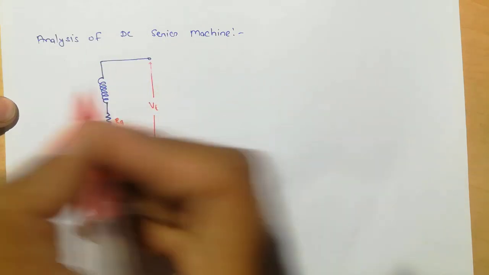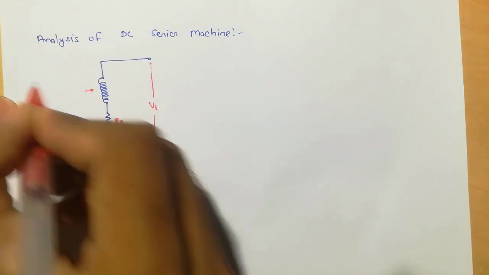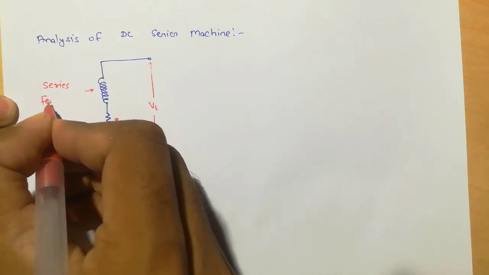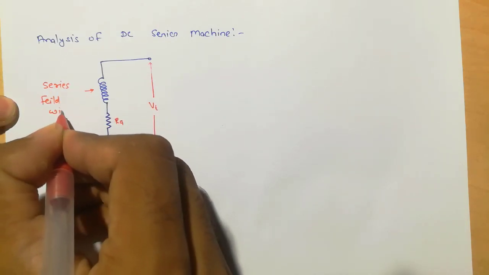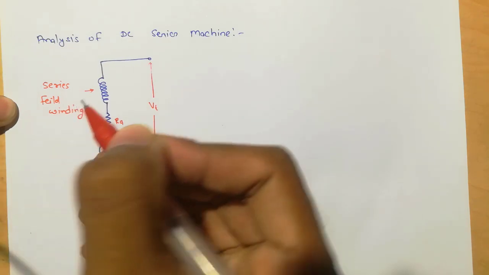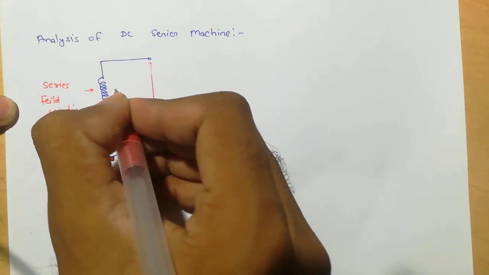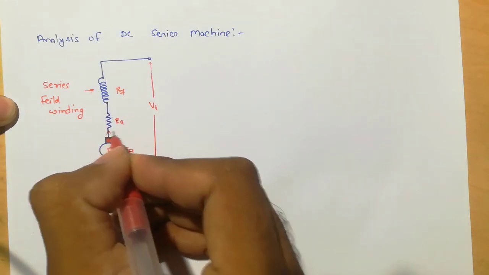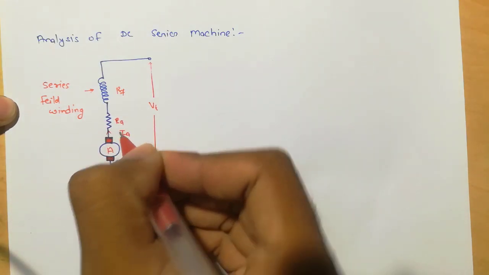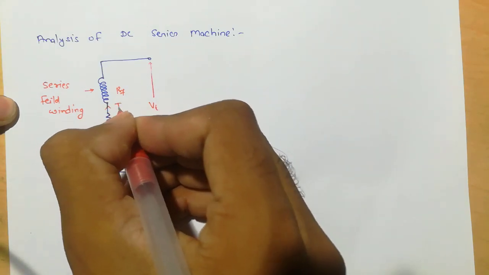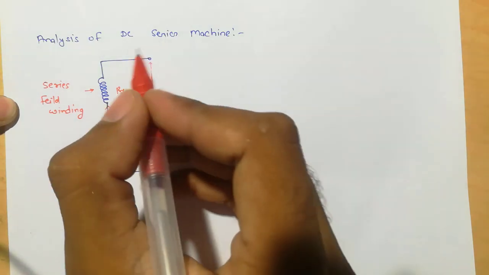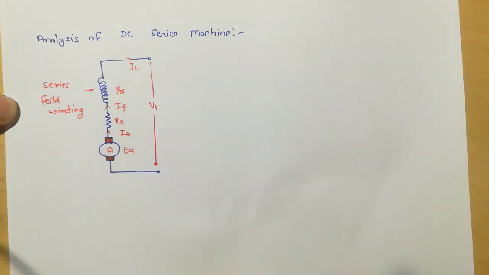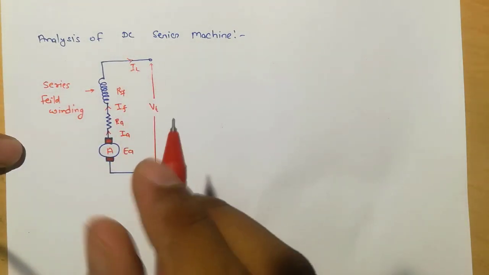Here is the field winding, the series field winding, and the resistance of the series field winding is Rf. Now the current in the armature is Ia, which becomes If for the series field winding, and after that it becomes IL, the load current.